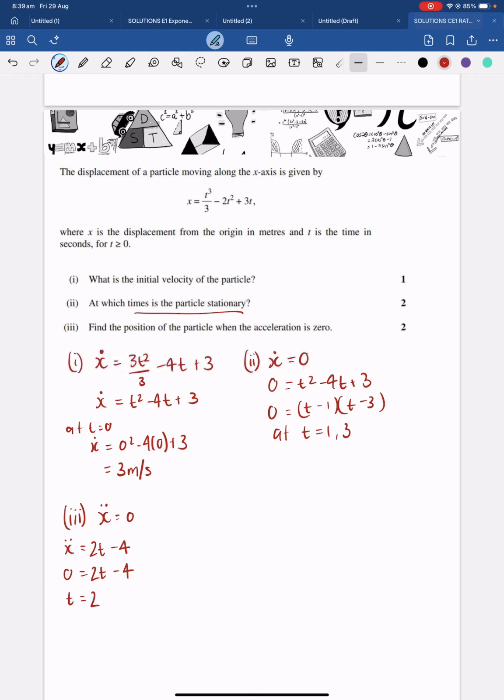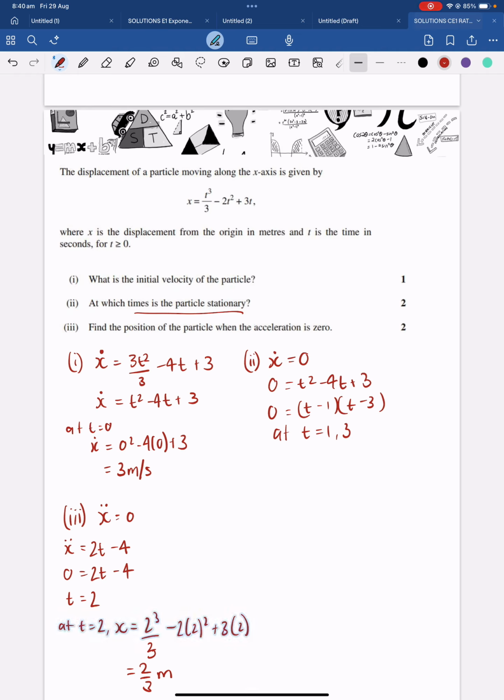I know the acceleration is 0 when time is 2 seconds. So now I can sub in that. And let's see what I get. Two-thirds.